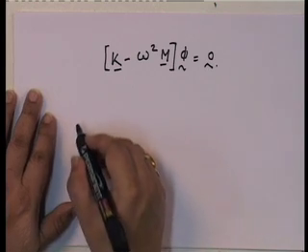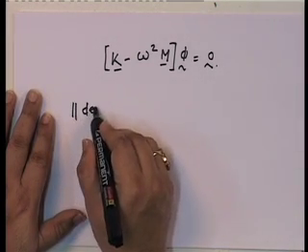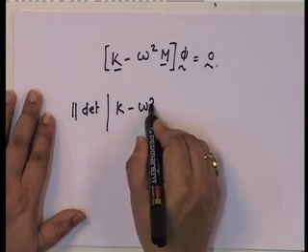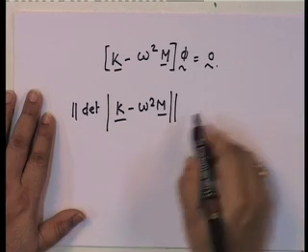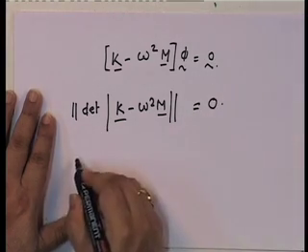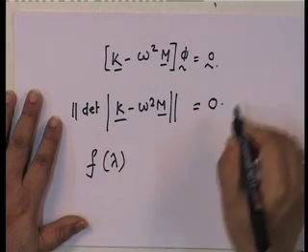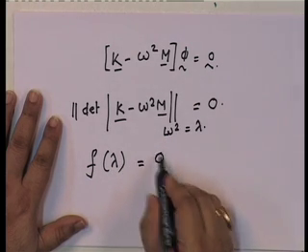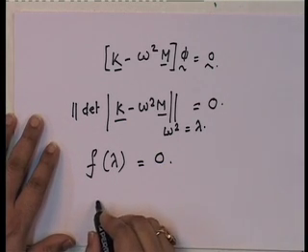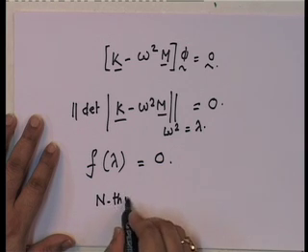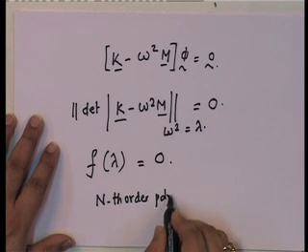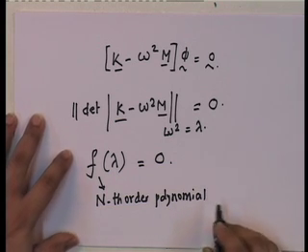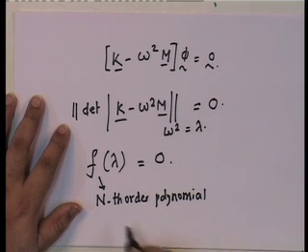And then we saw that the determinant of k minus omega squared m equal to 0, where if you put omega squared equal to lambda, gave basically a function, an nth order polynomial.